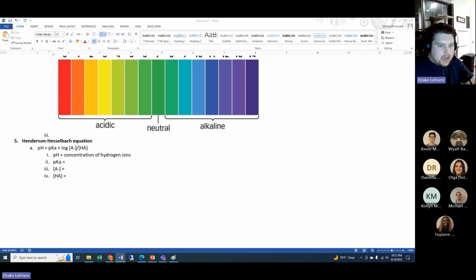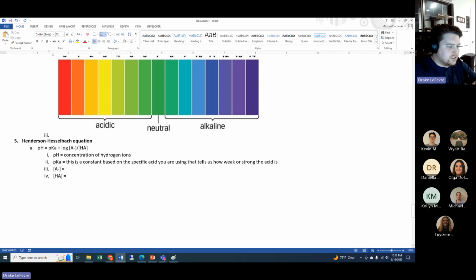So pKa is going to be a constant. This is not something you'd have to figure out; if you were doing these equations, it would have to be given to you. The pKa is a constant based on the specific acid you are using that tells us how weak or strong the acid is. So this is specific to each individual acid.